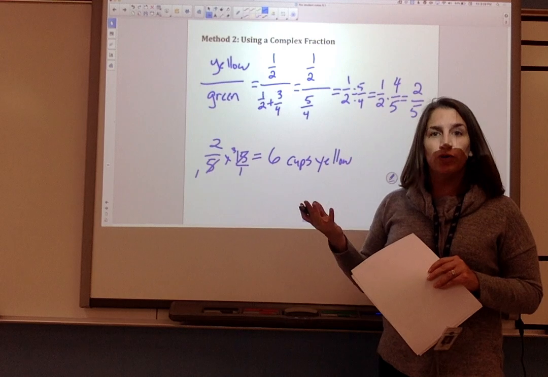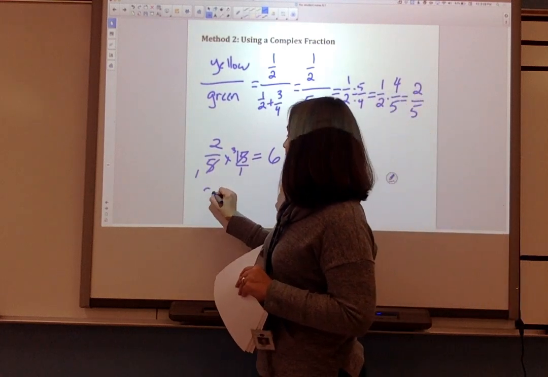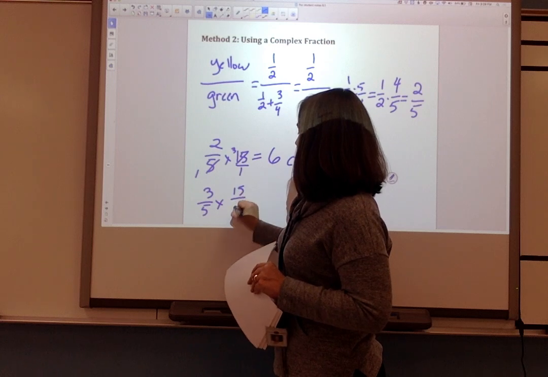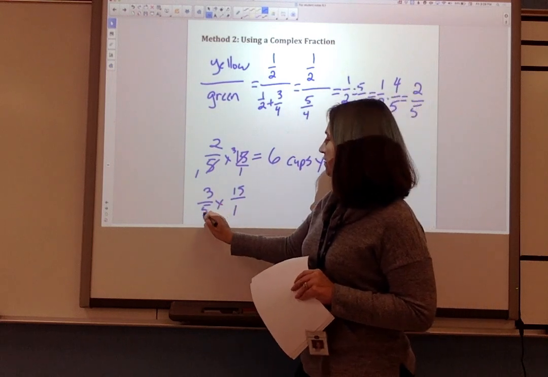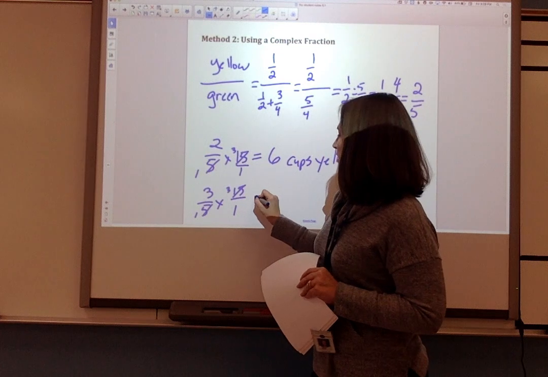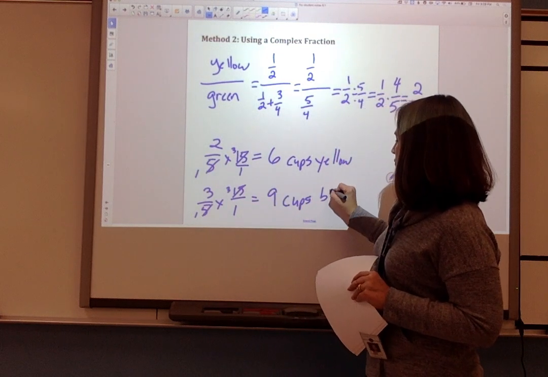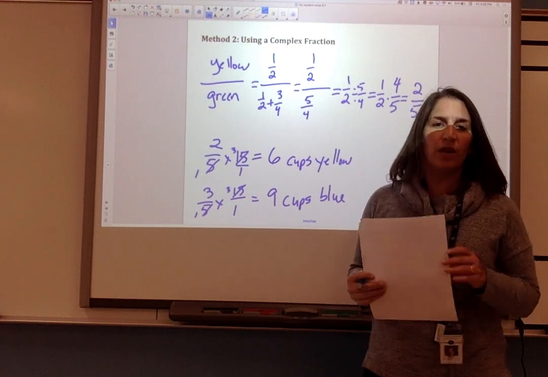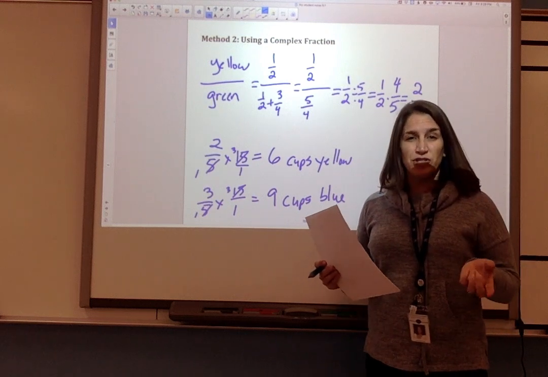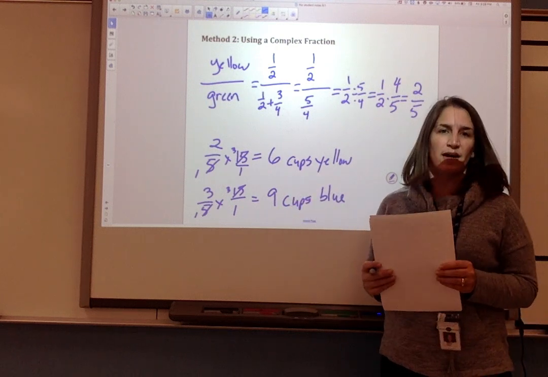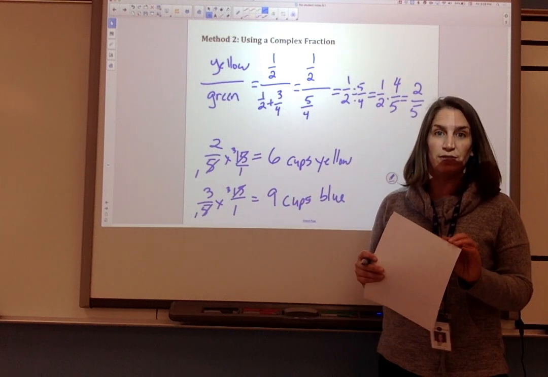On the other hand, blue was 3 out of every 5 cups, so 3/5 times the 15 cups of total green, and we get 9 cups of blue. So we solved this problem using both the ratio table and the complex fractions, and either way, 6 cups of yellow and 9 cups of blue is what we'll need for that solution.